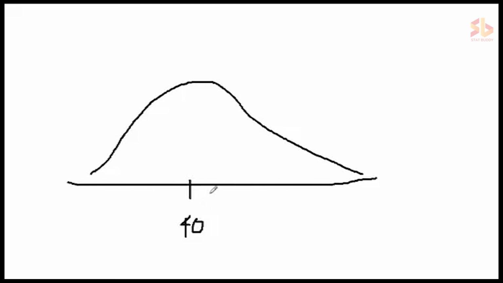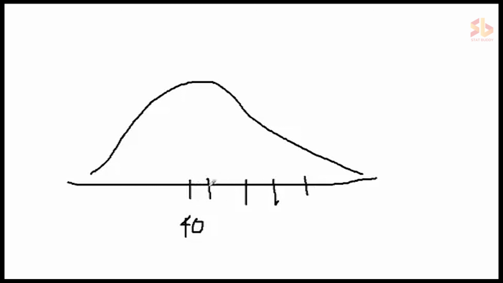But in our H naught, we say that it is greater than or equal to 40. Suppose H naught is true, as we always take the decision by assuming that H naught is true. Then the value of the average is greater than or equal to 40, which means it can be 40 or any other value in here. We don't know.